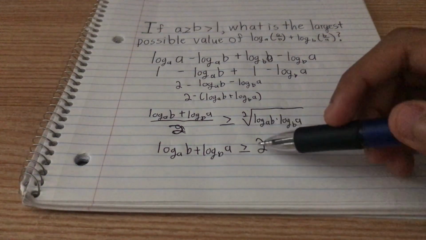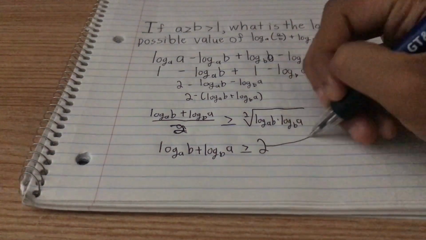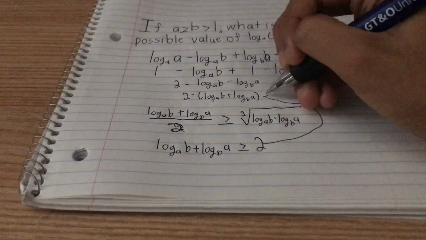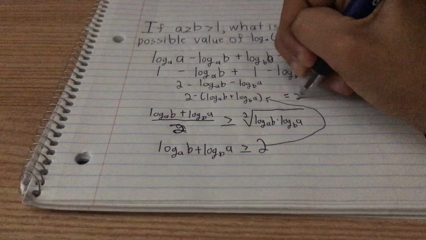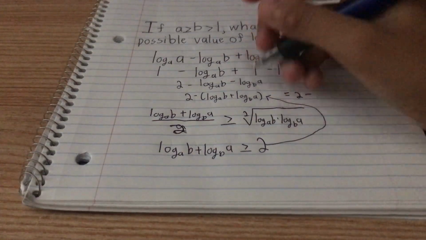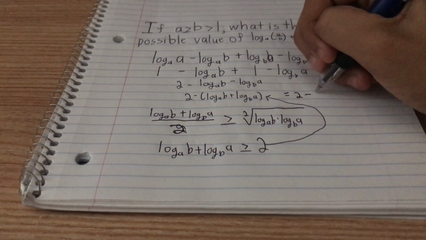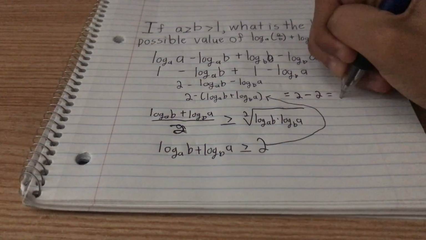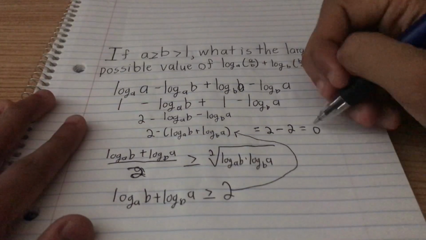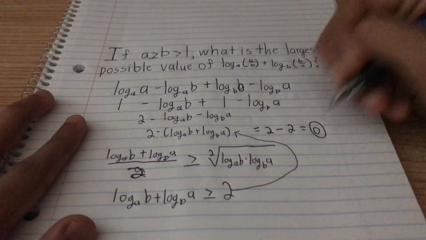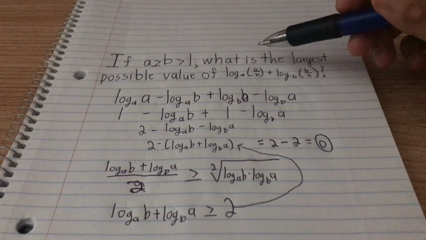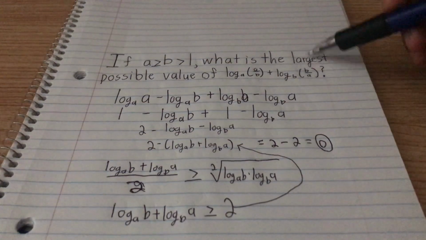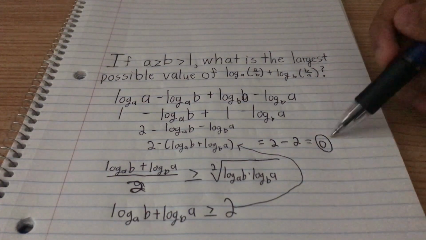We take that minimum value and plug it back in here. So we get 2 minus 2, and that equates to 0. So that is the answer. The largest possible value of log base a of (a divided by b) plus log base b of (b divided by a) is 0.